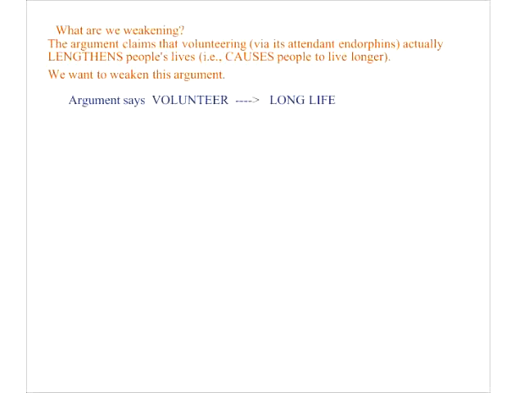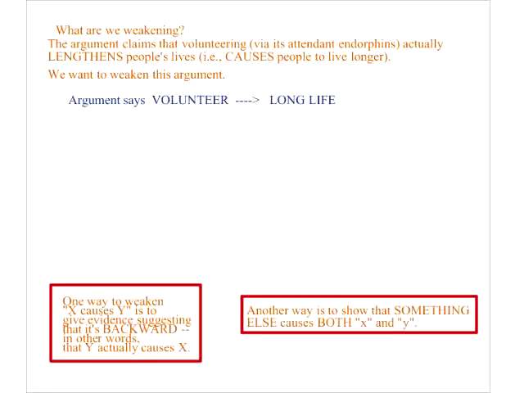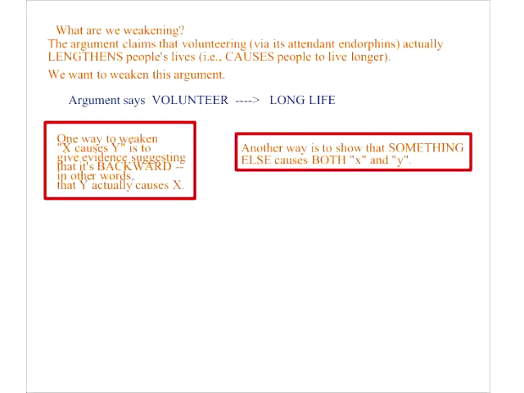Remember that there are two ways to weaken a statement like this. Here they are from the other slide. So one type of weakener here would be something that shows that living longer causes volunteerism.